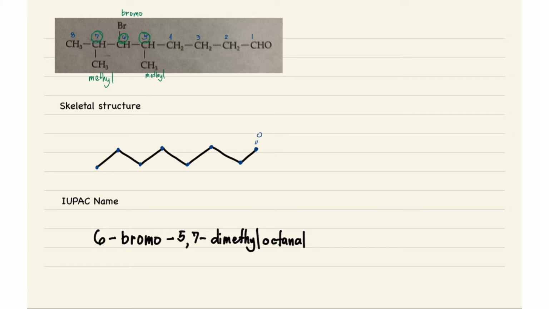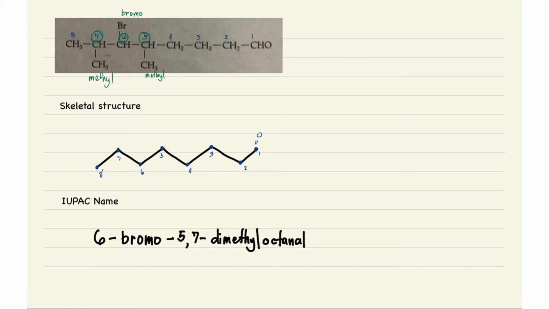Okay, now let's proceed. Tapos, pagkatapos natin na ilagay yung ating functional group kay carbon number 1, isusunod naman natin ilagay kay carbon number 5, and 6, and 7 yung kanilang mga nakakabit sa kanila. So, let's have this one. 1, 2, 3, 4, 5, 6, 7, 8.